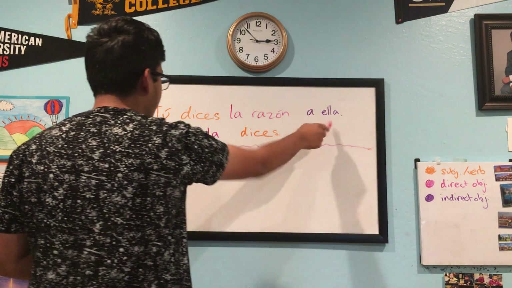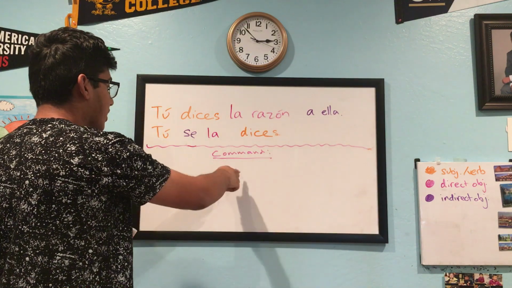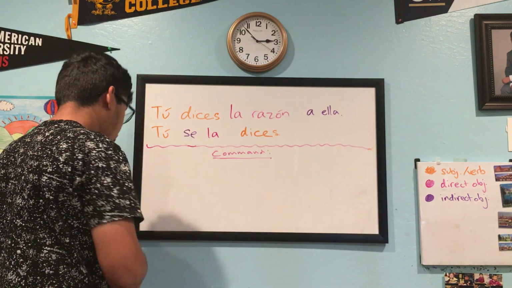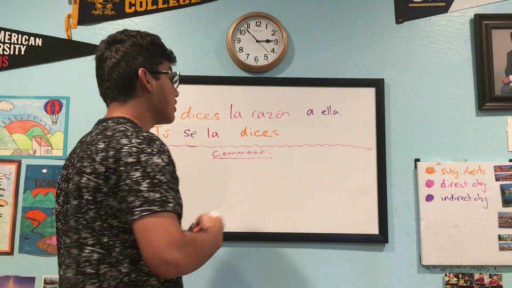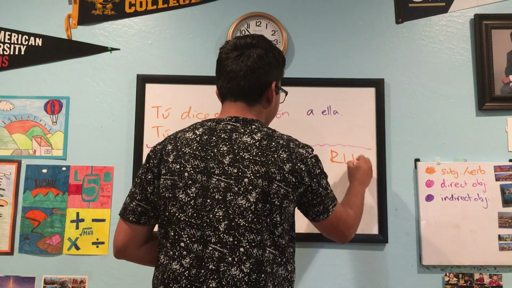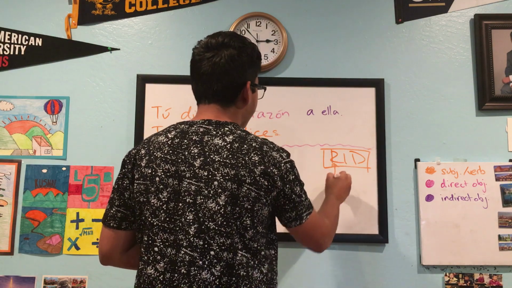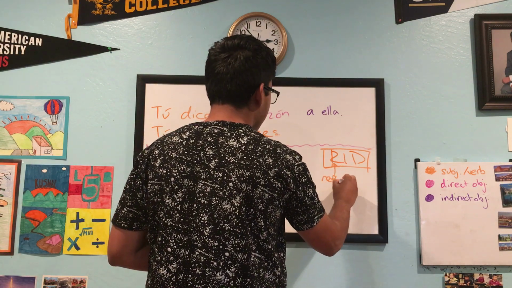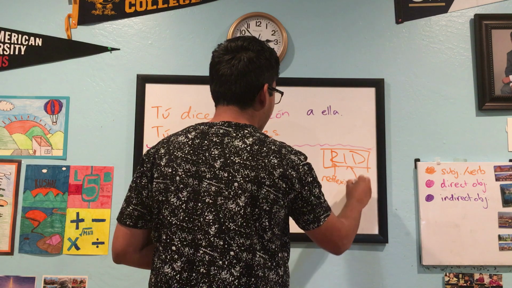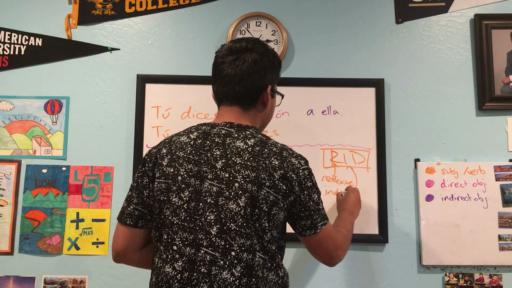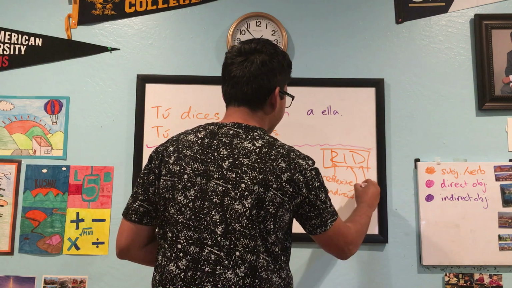As you can see, we just flipped it around. Now we'll be working with a command. Even with commands, we'll always be following this RID principle that I talked about. R for reflexive, I for the indirect, and then D for the direct.